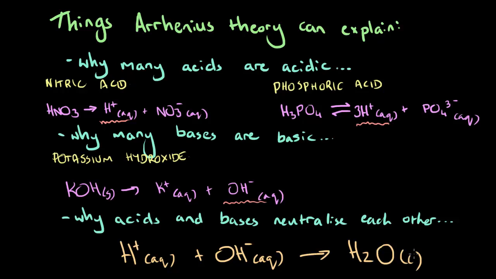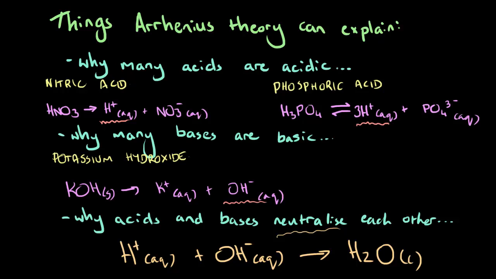It would form water. Water is a neutral substance. Acid plus base makes neutral. This is why it's called a neutralization reaction. So all these things Arrhenius theory is very good at, and that's why we still teach Arrhenius theory today.